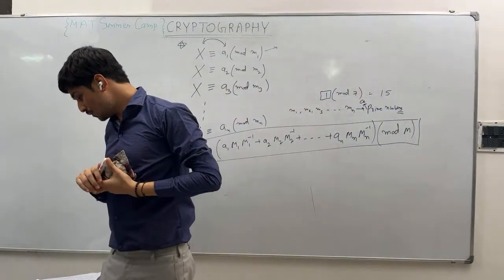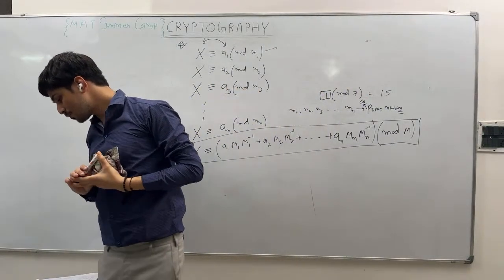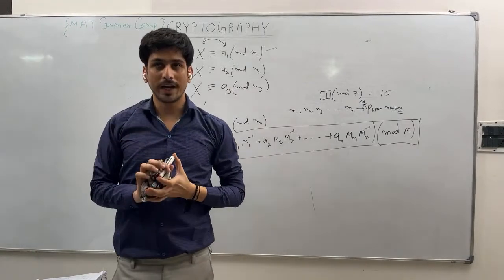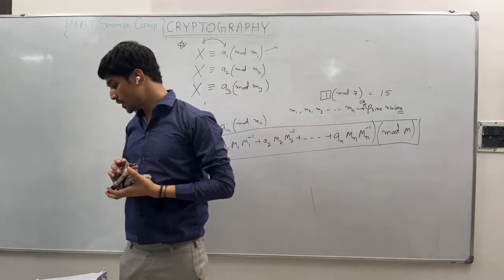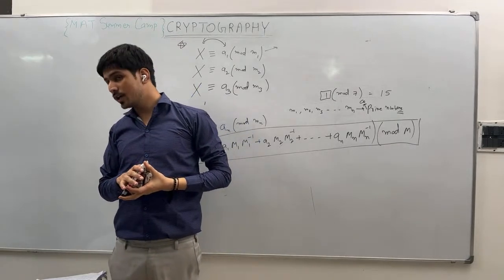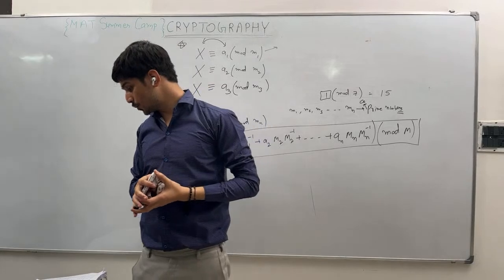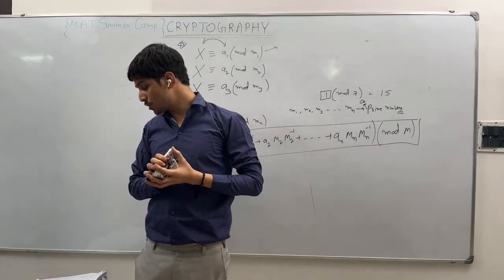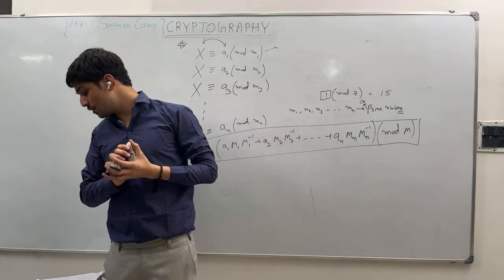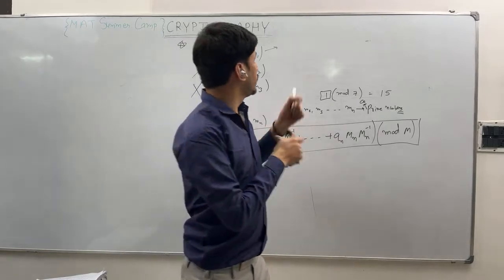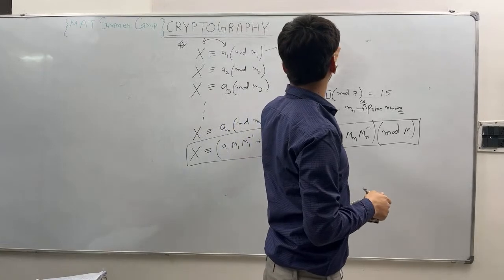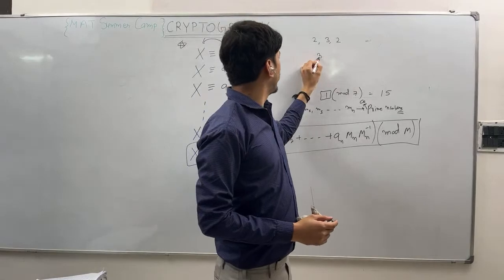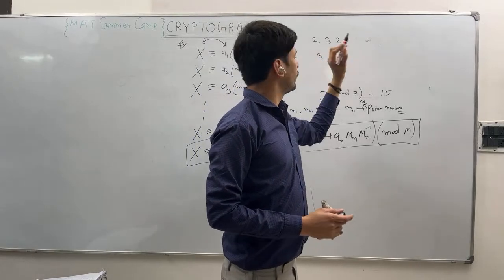Find the least positive integer which leaves the remainder 2, 3, 2 when divided by 3, 5, 7.